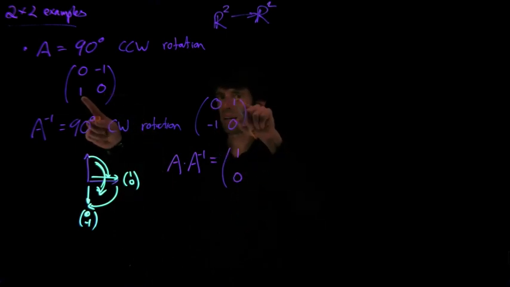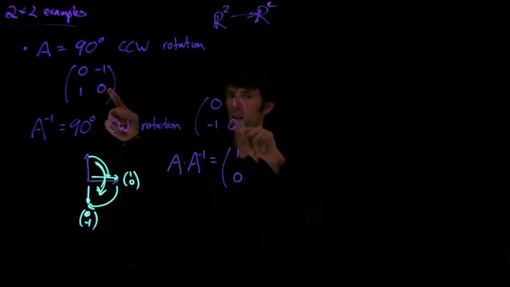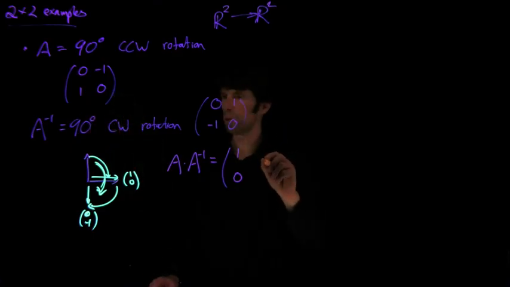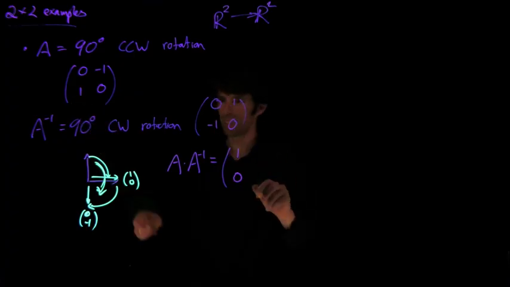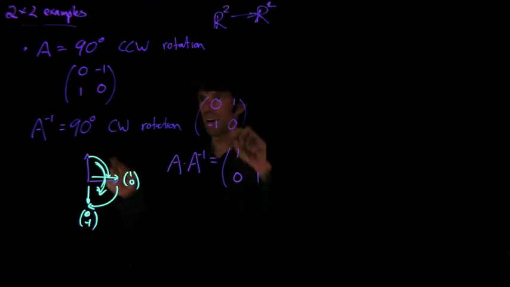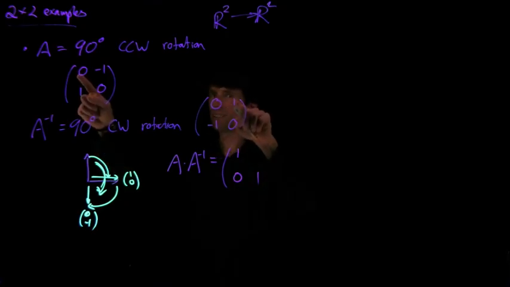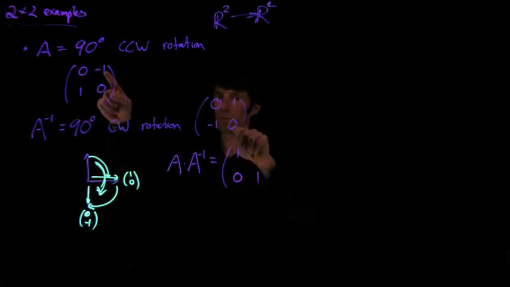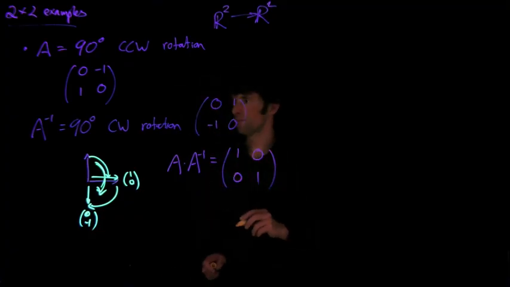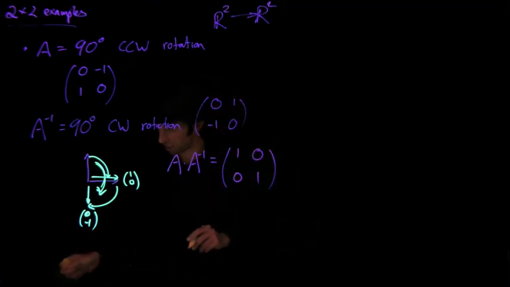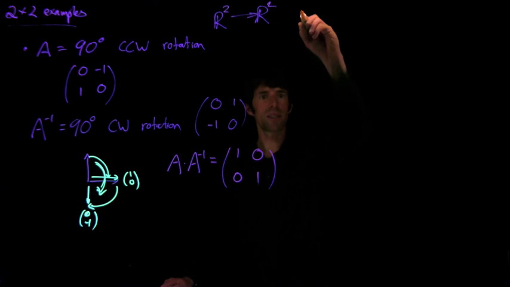Upper right, I get 1 times 1, 0 times 0. Oh, wait, hold on a second. So I was doing the lower right. That's 1. And upper right, I get 0 times 1 and minus 1 times 0. There we go. So we got the identity matrix. OK, that's one example. Let's try another example.